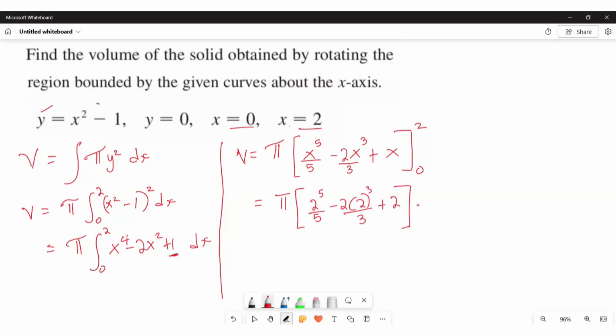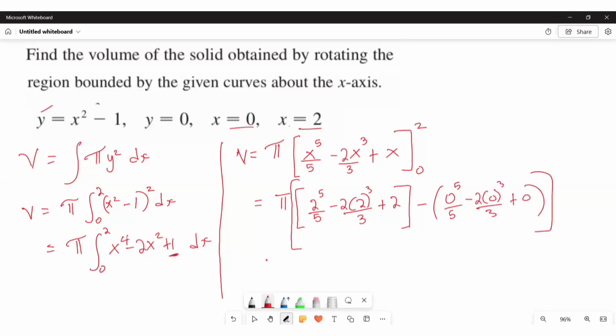And then we're subtracting, putting in a 0, right? Let me put a bigger bracket here. So it's going to be 0 raised to the fifth over 5 minus 2 times 0 raised to the third over 3 plus 0. And we close that off.